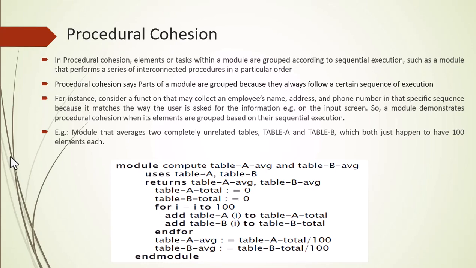It sounds similar to sequential, but there is a difference. In sequential, one whole activity is executed, and then the output of that activity is the input for another activity. Here, different elements or parts, programming statements, procedures are grouped together in sequence, and they execute combinedly as a group.